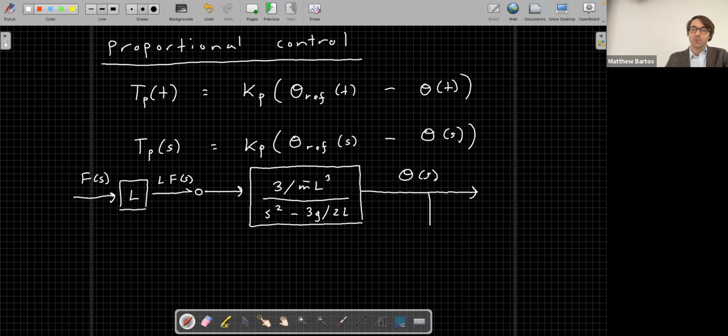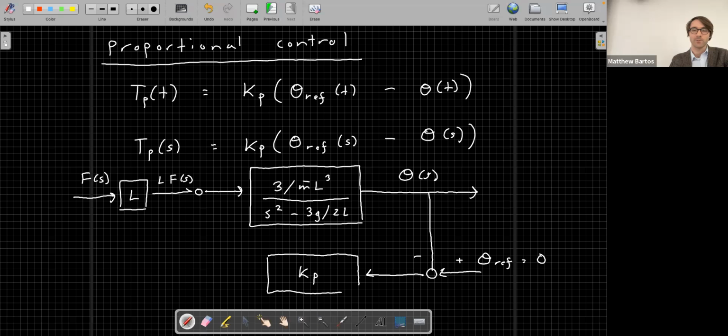We're going to take that output and compare it to our reference angle, which in this case is simply equal to 0. So we take our reference angle and subtract our actual observed angle, and we feed that error into a controller. Our controller is just going to be this constant Kp.